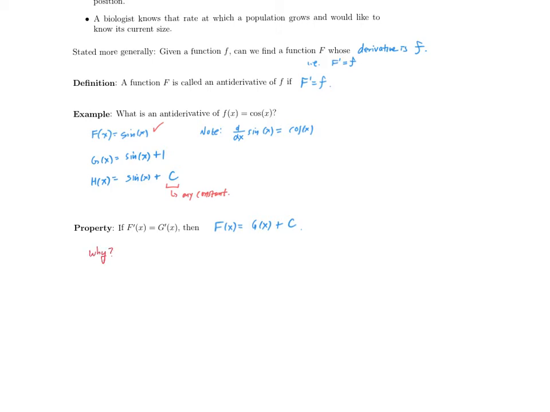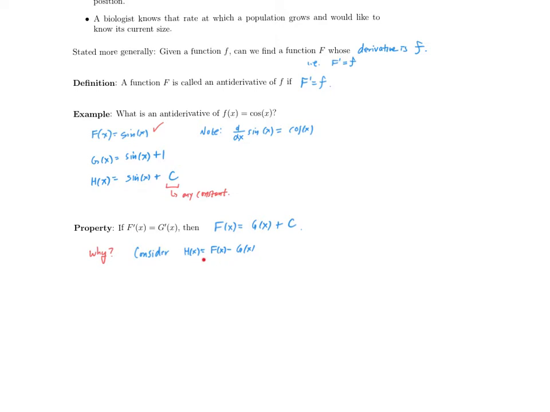And in order to convince ourselves that this is true, we simply need to consider an auxiliary function. So if we consider the function h of x, which is equal to f of x minus g of x. And all we're supposing at the moment is f prime is equal to g prime. And from that, we want to make this conclusion.